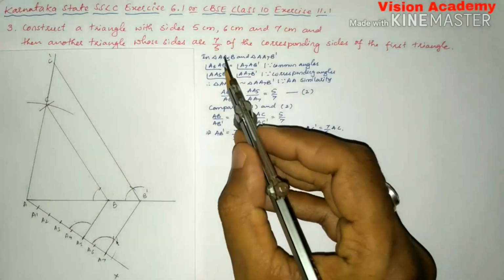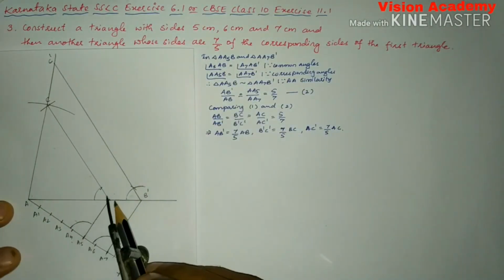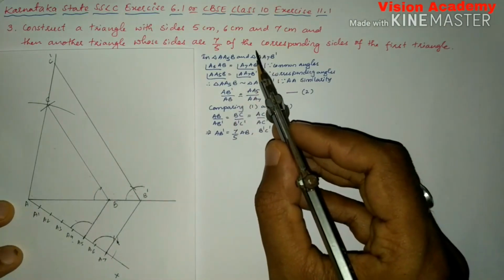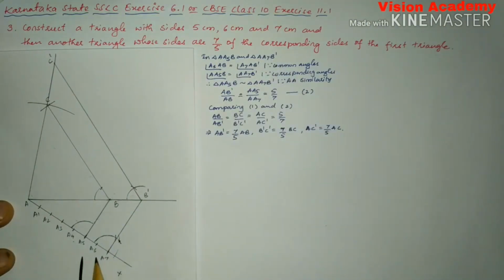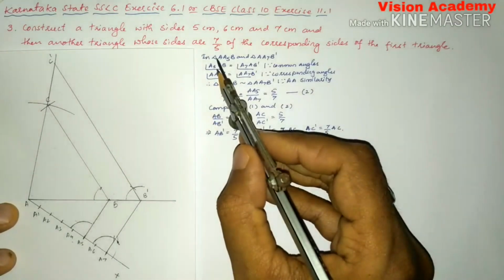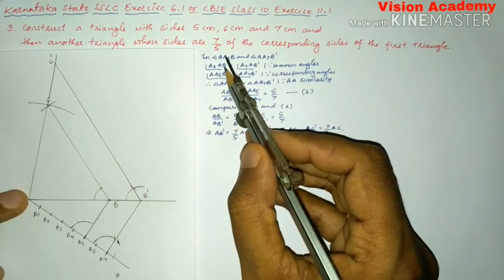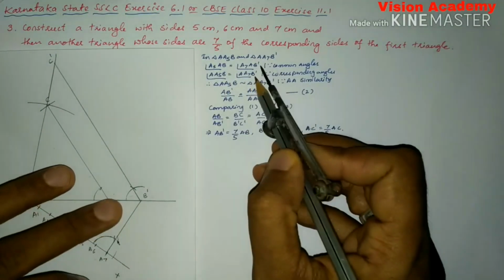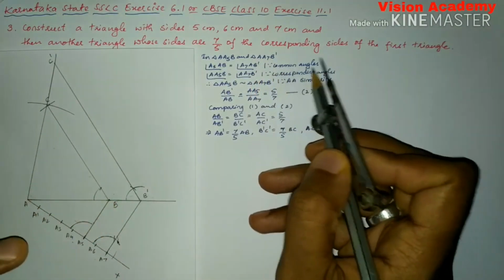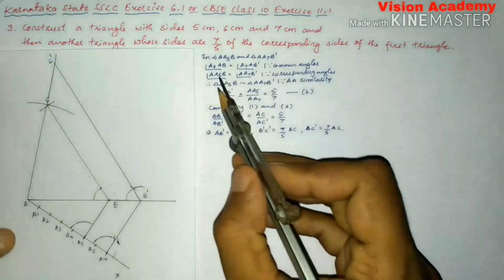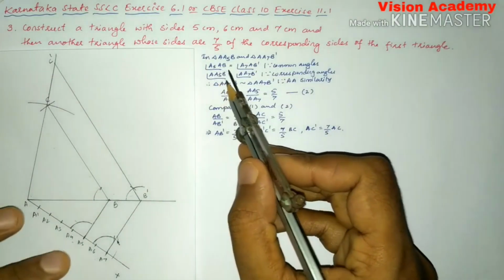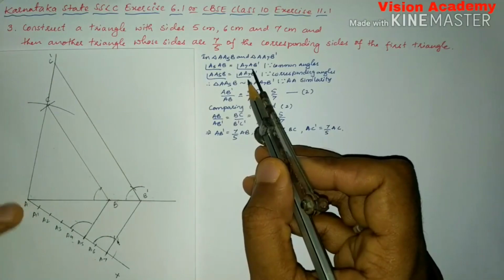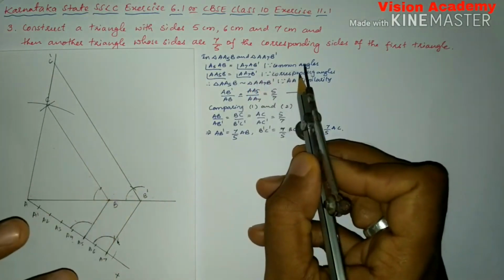In triangle A5B and triangle A7B', angle A5B is equal to angle A7B', because they are the common angles. Now we can say A5B and A7B' are the corresponding angles.